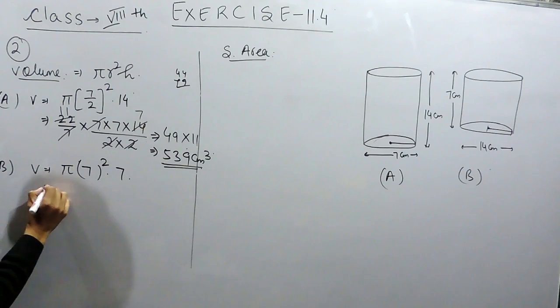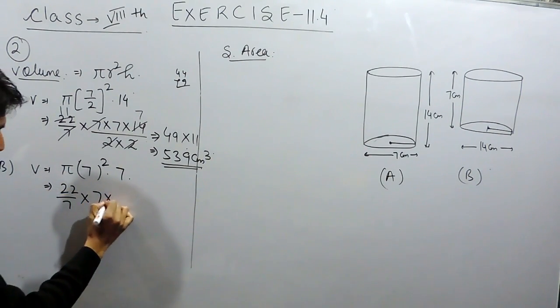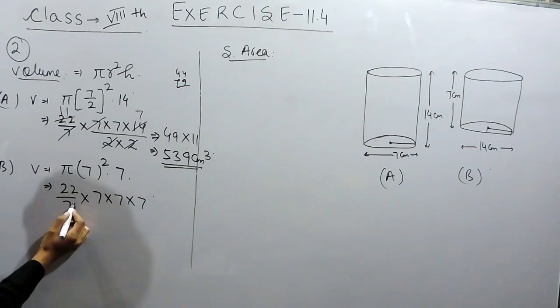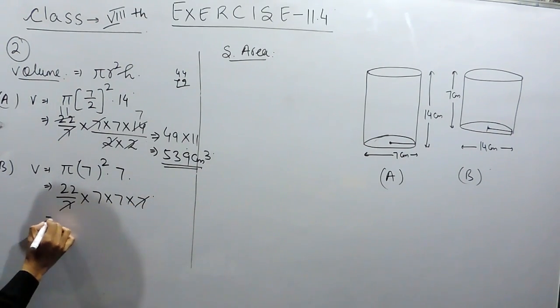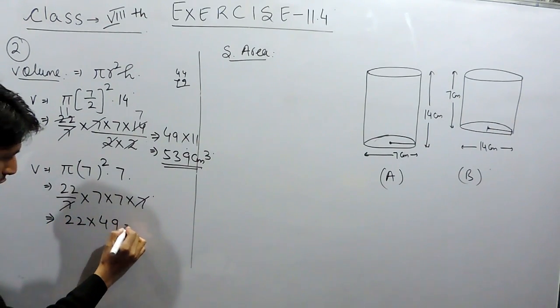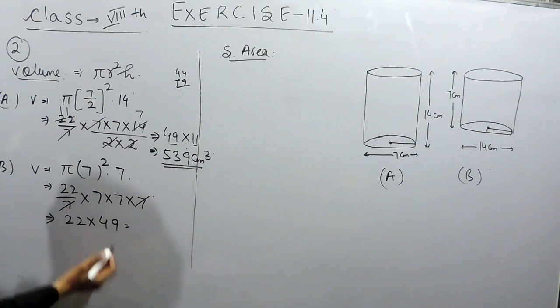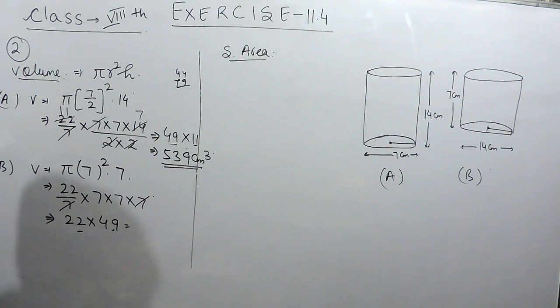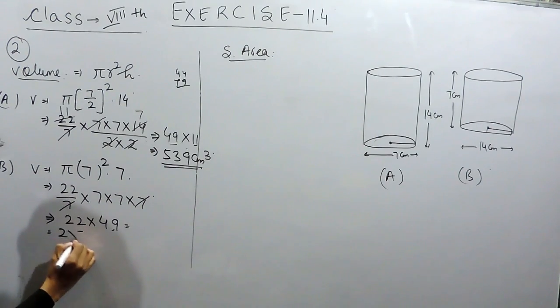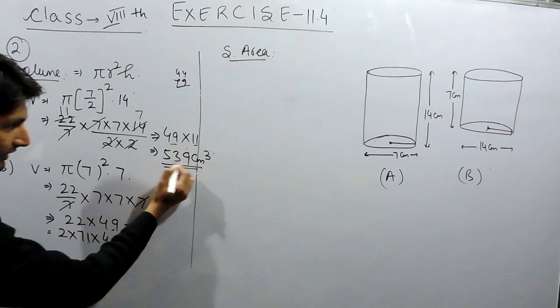Now let's calculate the volume of the second one. This will be 22 upon 7. This will be 7 into 7 into 7. So this can be cancelled. And here clearly the volume will be greater, because here 49 is multiplied by 11, here 49 is multiplied by 22. So here the volume will be twice, because this can be written as 2 into 11 into 49, and 11 into 49 is 539.